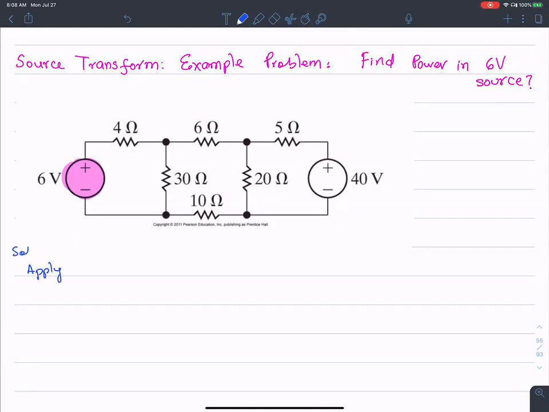So here is the solution. We begin by applying source transform from right to left.